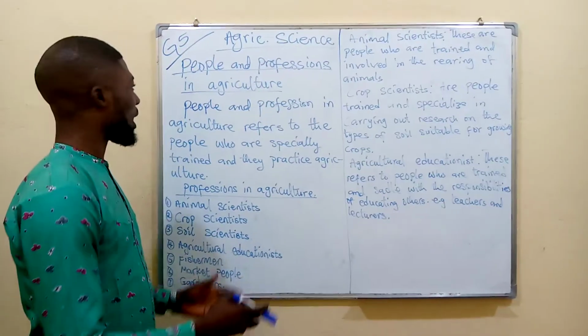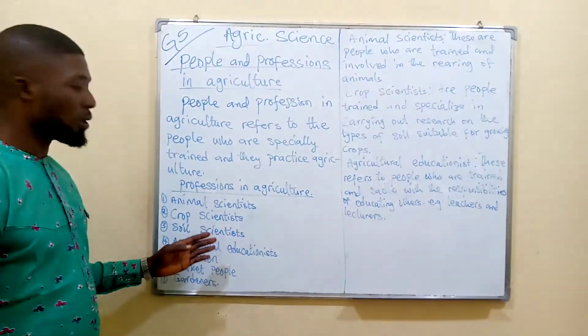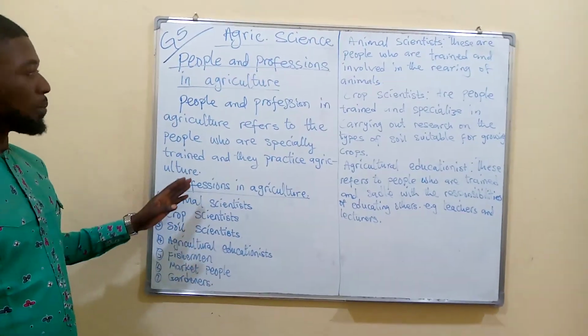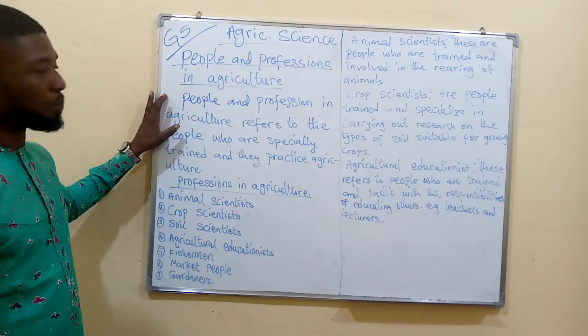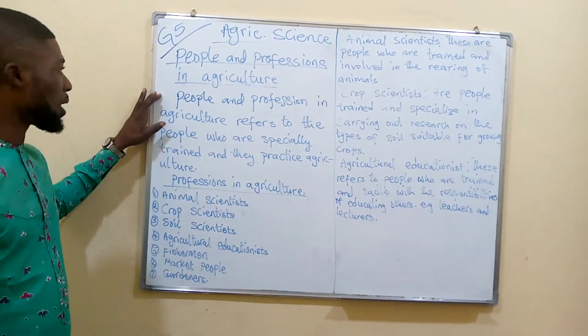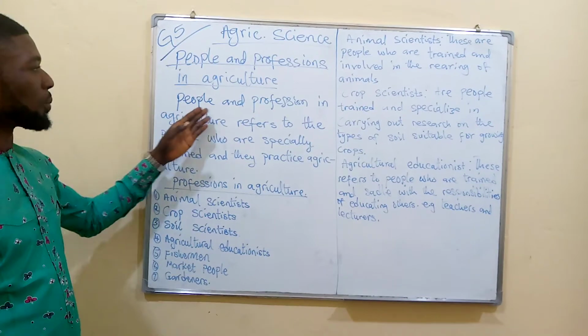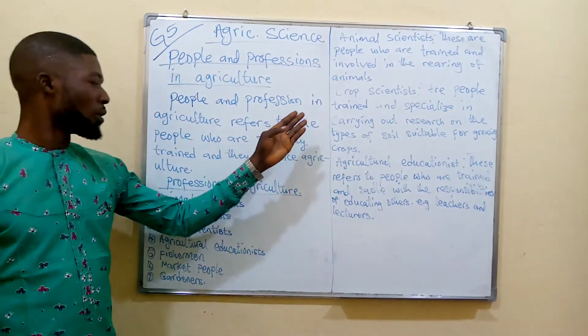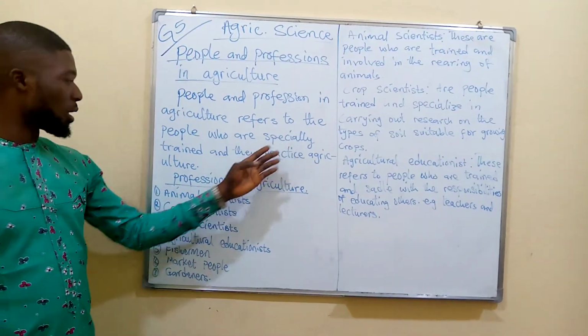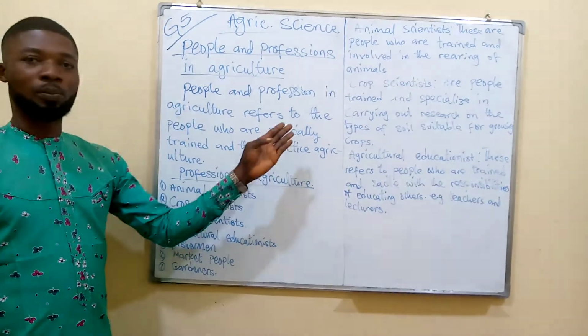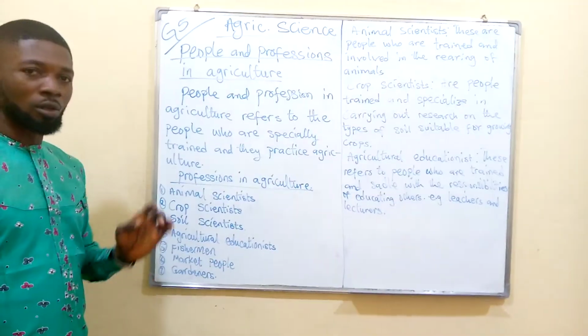Alright, on the board here we have what we have been discussing so far, beginning from the meaning of people and professions in agriculture. We said that people and professions in agriculture refers to the people who are specially trained and they practice agriculture.